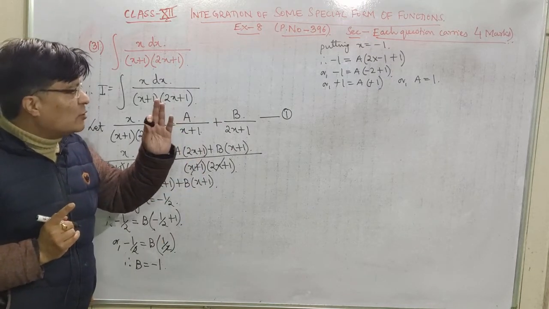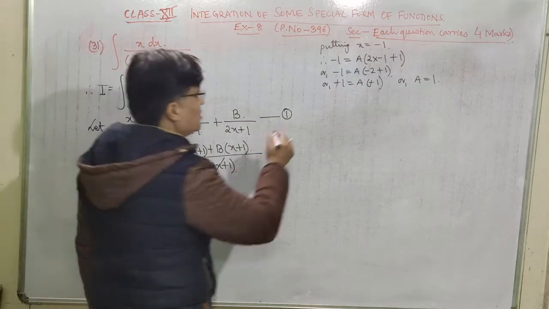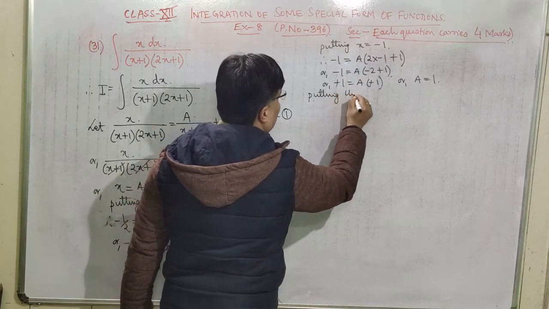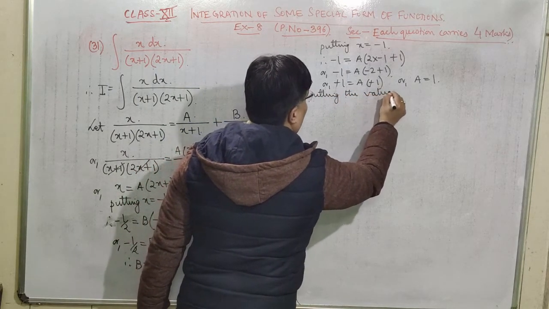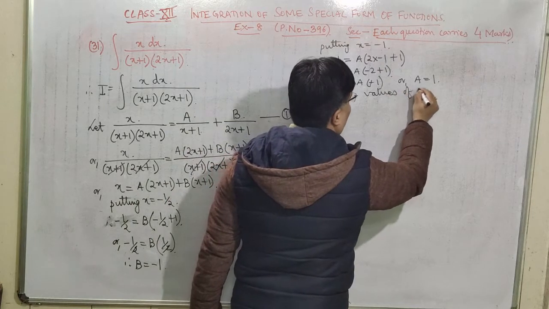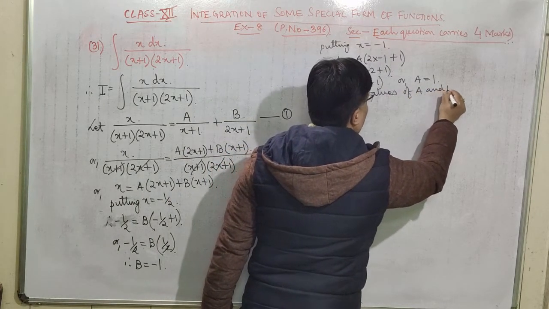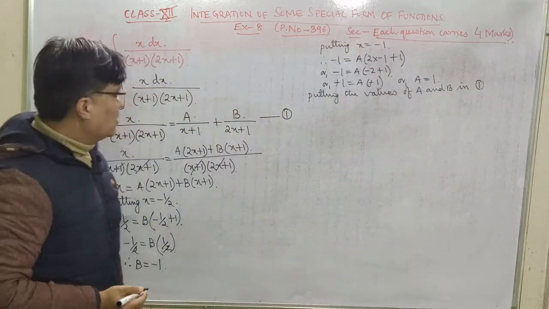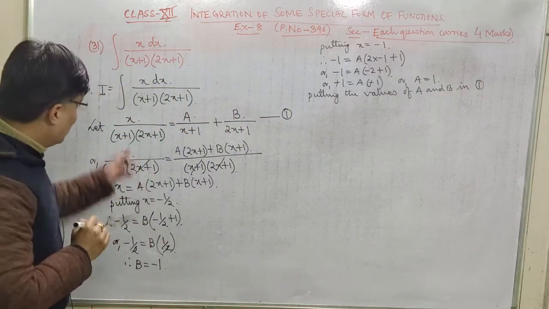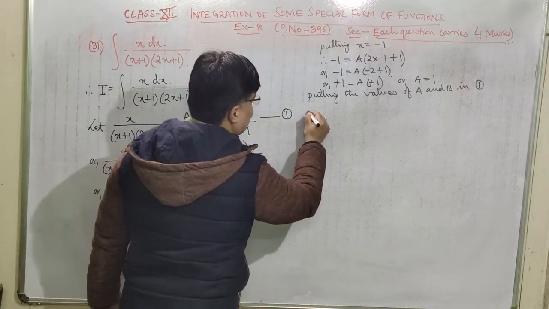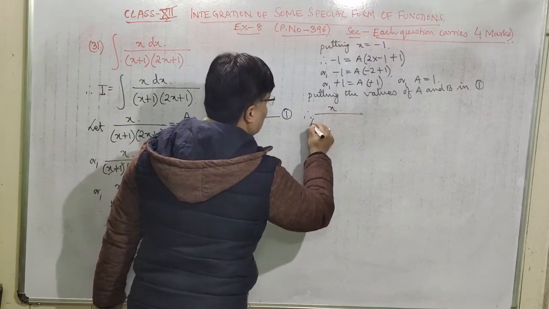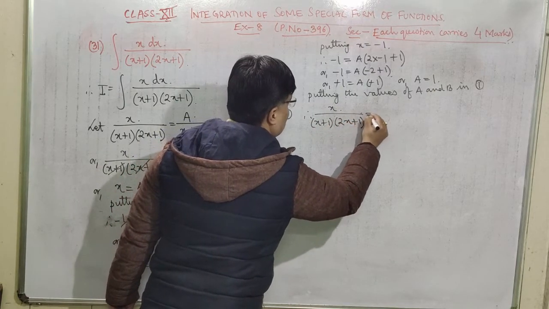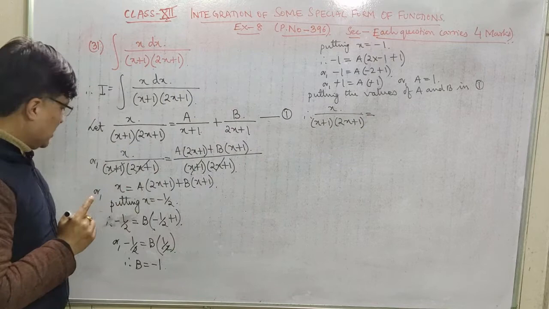So let us put these values of a and b in equation 1. So what do we get now? The left hand side remains as it is, x upon x plus 1 into 2x plus 1 is equal to, what was the value for capital A?